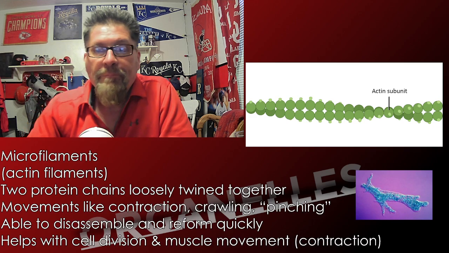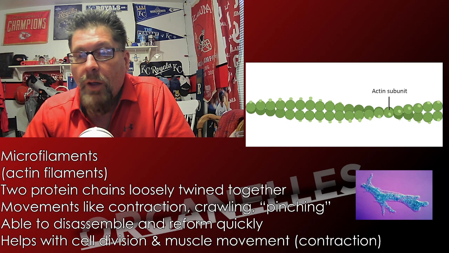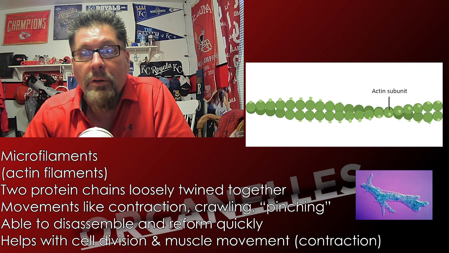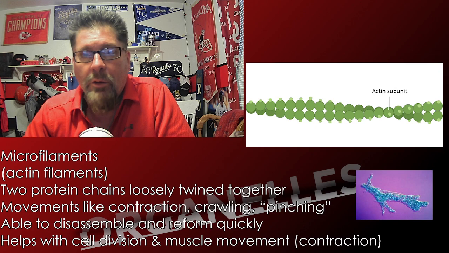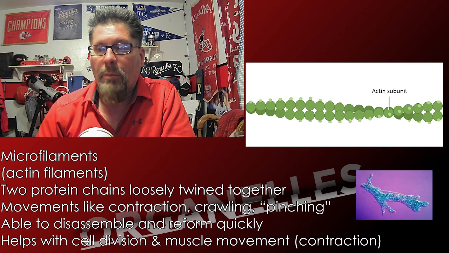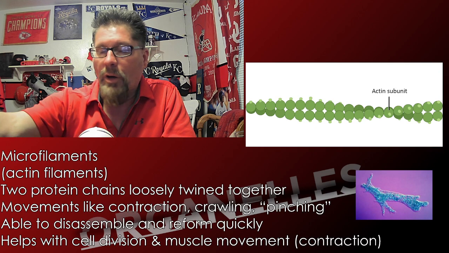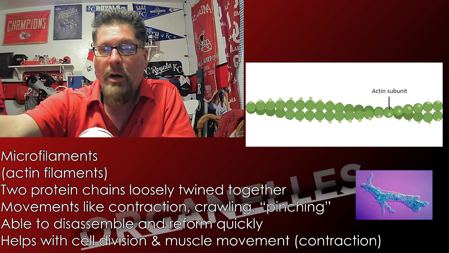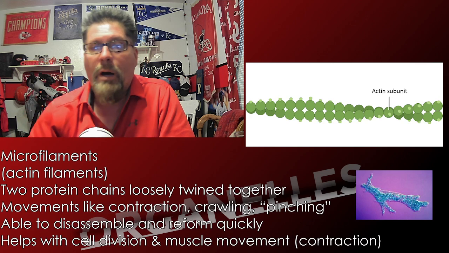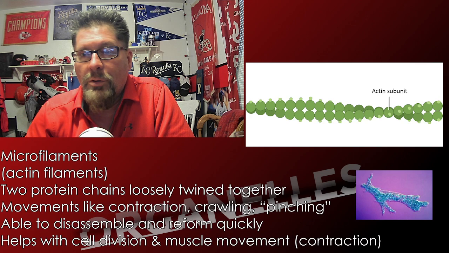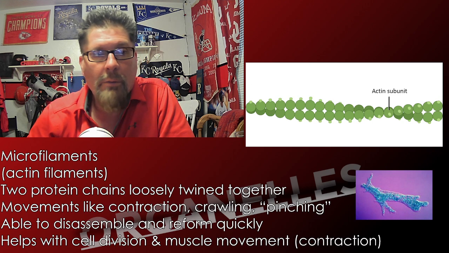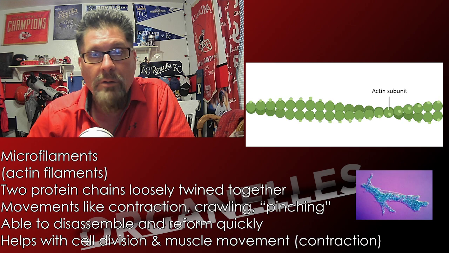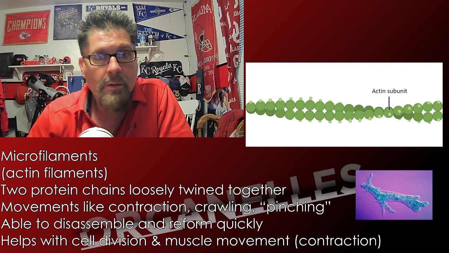It can also help with the movement of a cell. If you know what an amoeba is, how an amoeba moves, part of it reaches out and then grabs on and pulls the rest of the body to it in some kind of crawling manner. Microfilaments can be a part of that process.